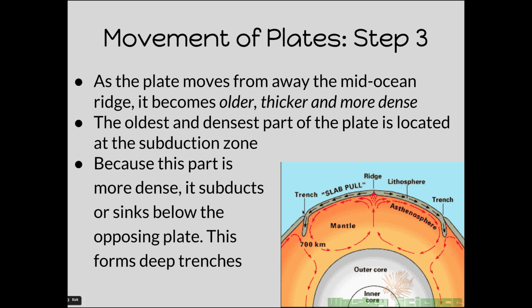At the subduction zone, you've got the oldest, densest, and thickest part of this crust. It's so old, so thick, and so dense that it wants to subduct below the other part of the lithosphere that is converging with it. So it ends up sinking and forming a deep trench.